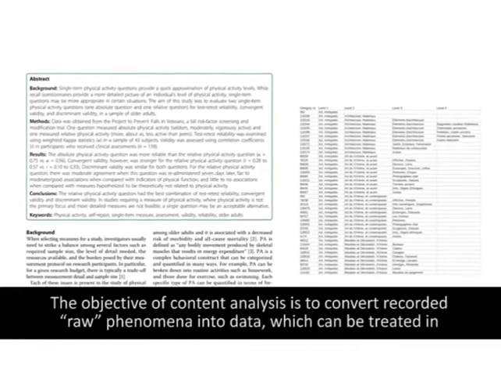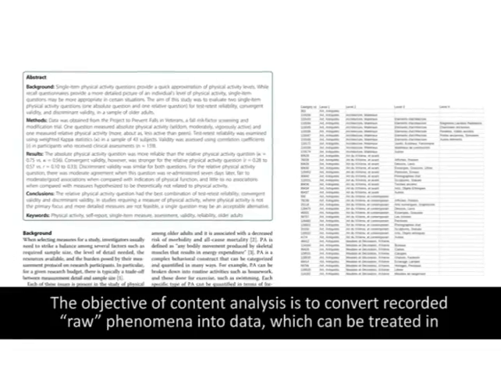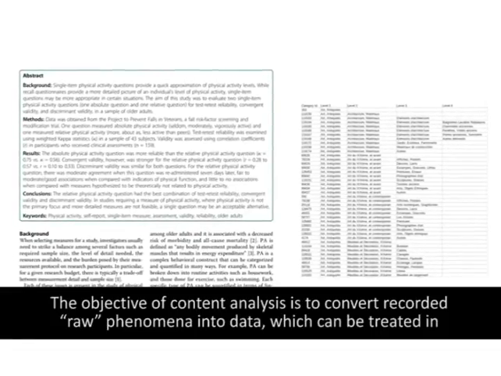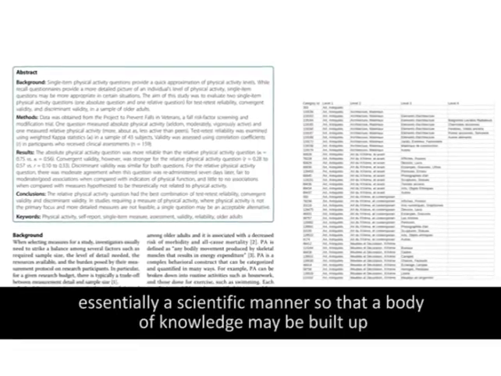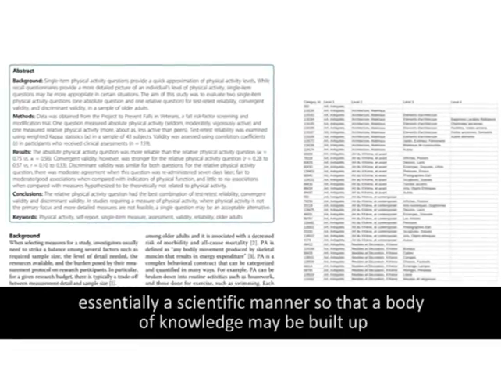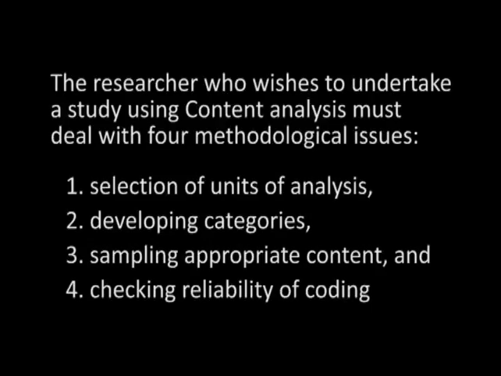The objective of content analysis is to convert recorded raw phenomena into data, which can be treated in essentially a scientific manner so that a body of knowledge may be built up. In fact, the researcher who wishes to undertake a study using content analysis must deal with 4 methodological issues: selection of units of analysis, developing categories, sampling appropriate content, and checking reliability of coding.